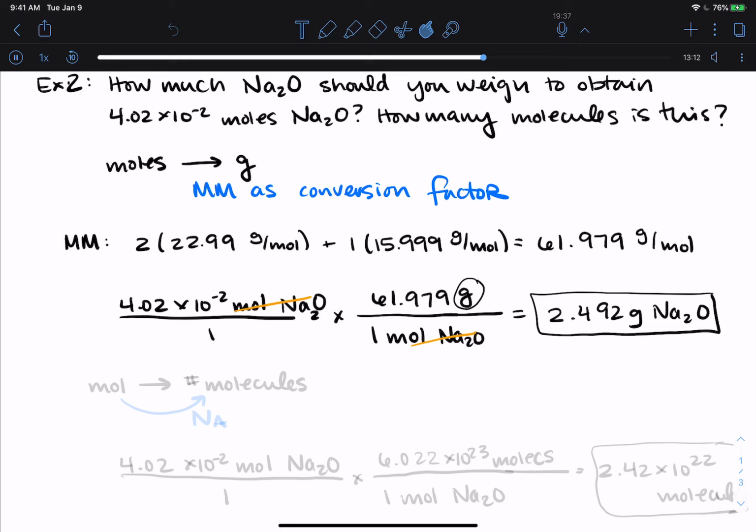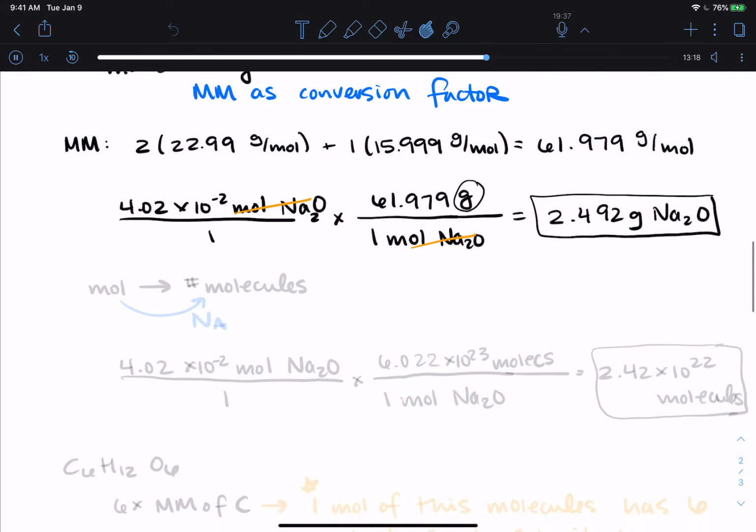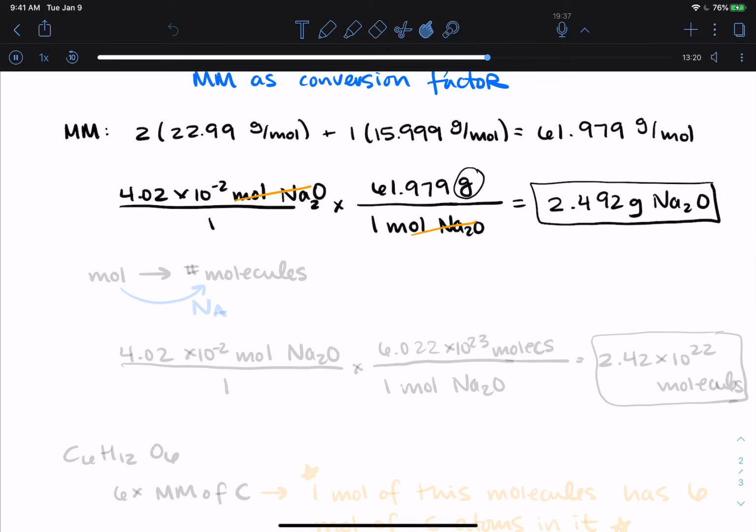Okay, so the second question was, how many molecules is this? The only conversion or relationship that I have to molecules is Avogadro's number, and that relates to moles. So I'm going to start with the same information that I did for the first question.